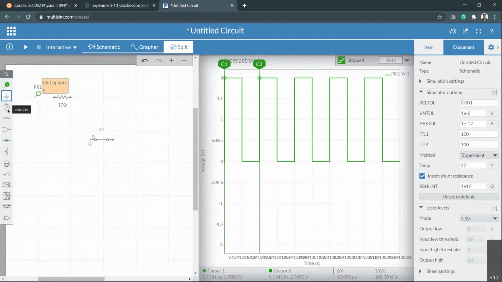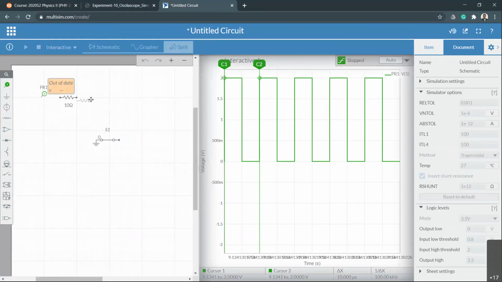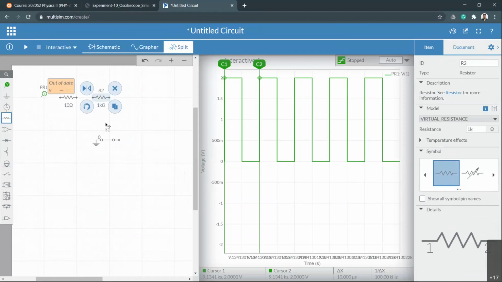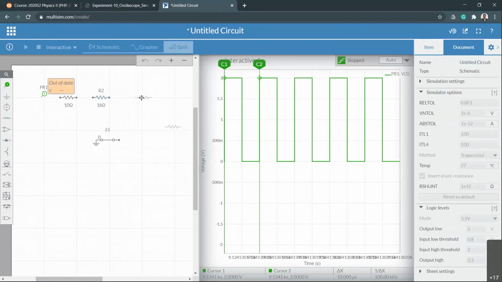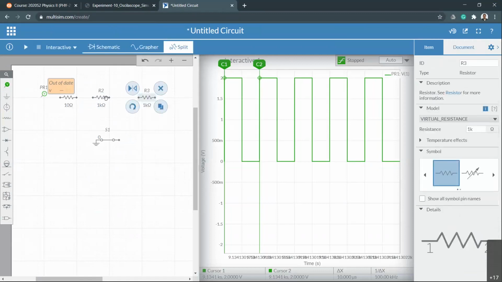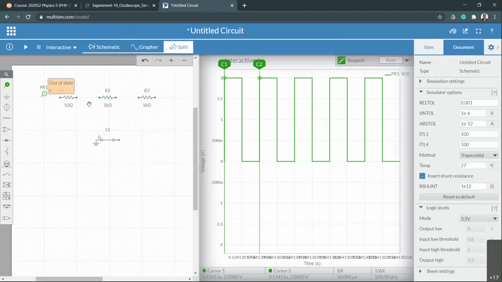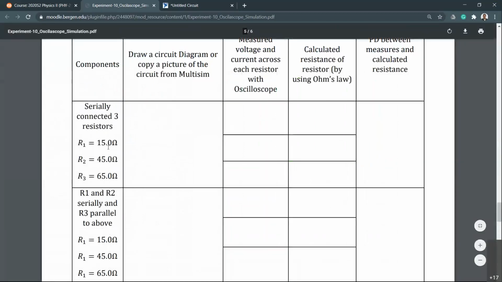And then let's bring 3 resistors, resistor number 1, resistor number 2, resistor number 3, right? I need 3 resistors. Okay, and the values of the resistors should be 15, 45, and 65.